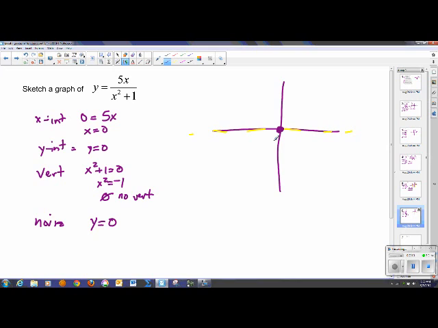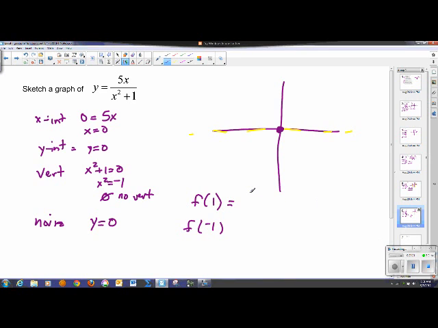And now I really, from here on out, don't know much about this function. So again, I'm going to have to pick a point to the left and to the right, to the left and right of 0. So I'm going to pick 1 and negative 1. And I'm going to plug it into my original function.